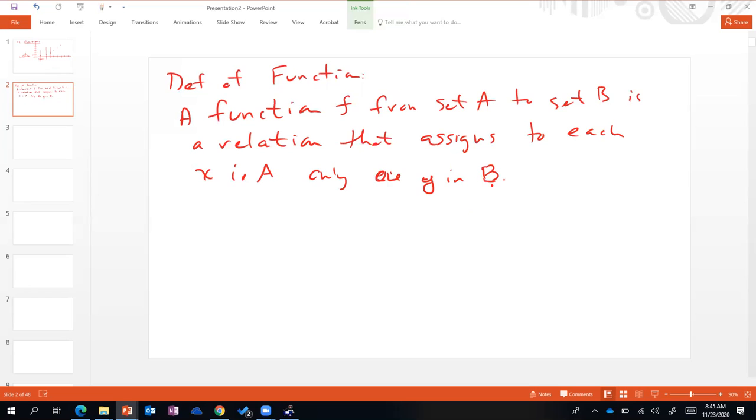And chicken scratch here. So a function f from set A to set B is a relation that assigns to each x in A only one y in B.